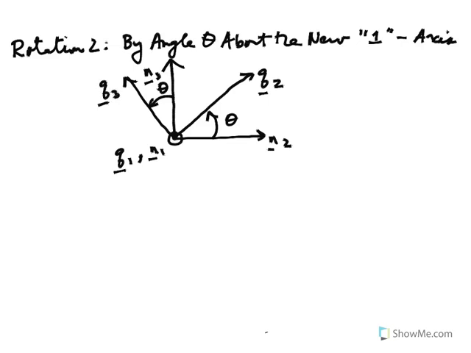And I can do the exact same thing that I did before, which is that I can relate the q basis vectors q1, q2, q3 to the basis vectors n1, n2, n3. The first one stays the same.